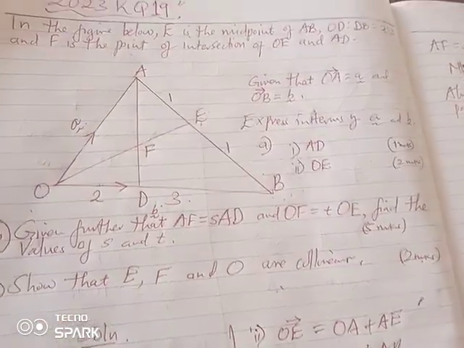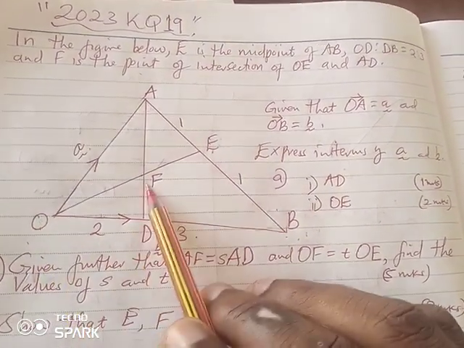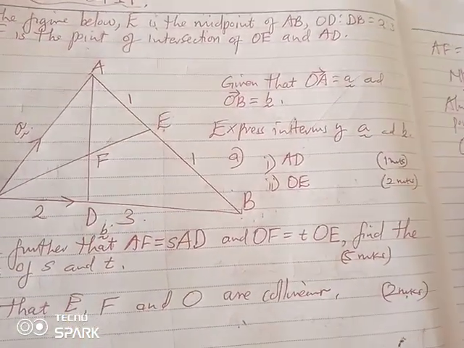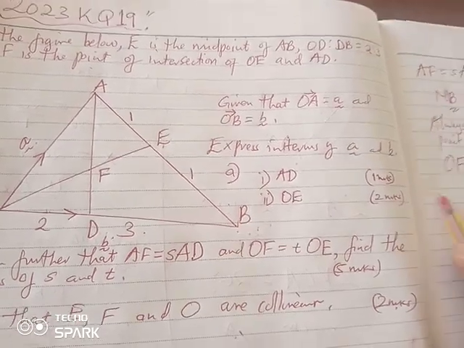Coming to our diagram, the point of origin is O and the center point is F. So I would expect you to make two expressions of OF.